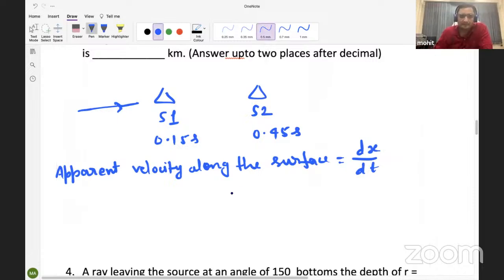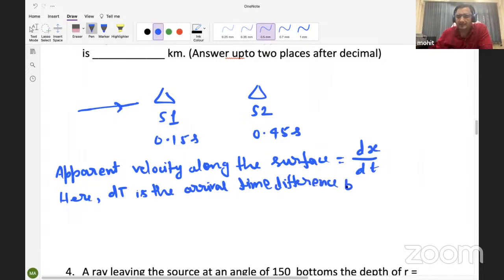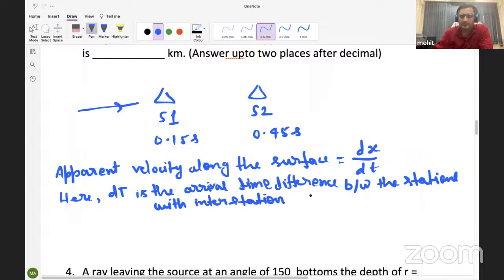Okay, so we can say here dt is the arrival time difference between the stations with interstation spacing dx.